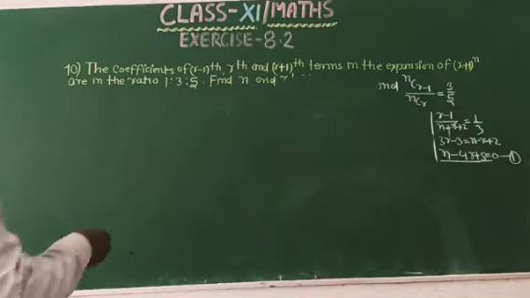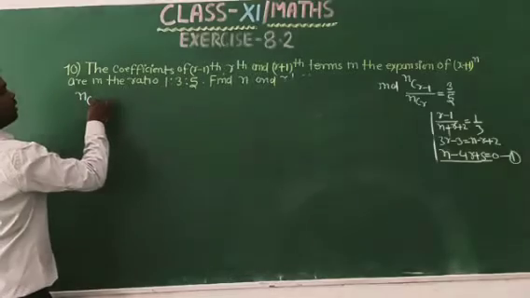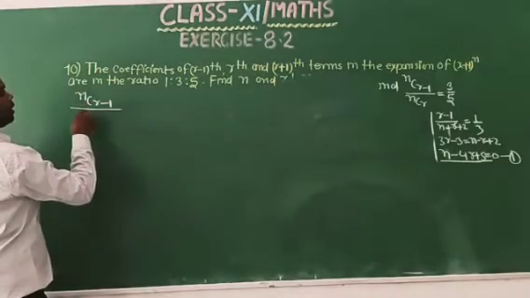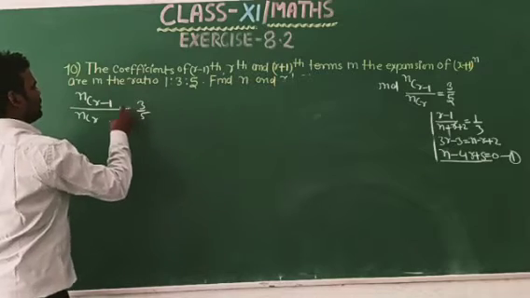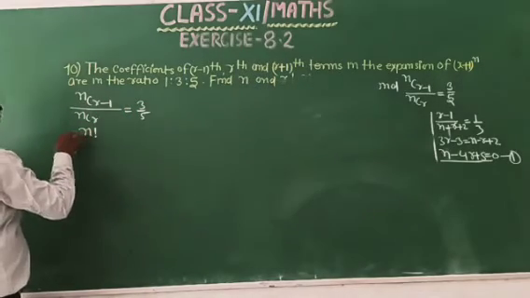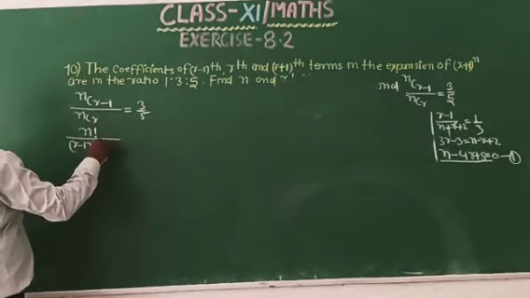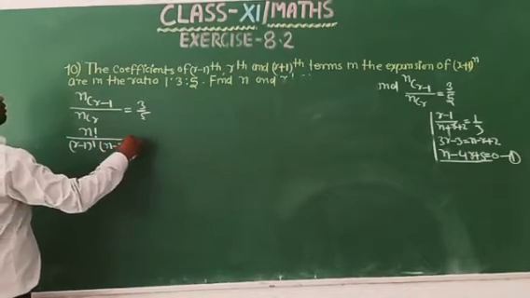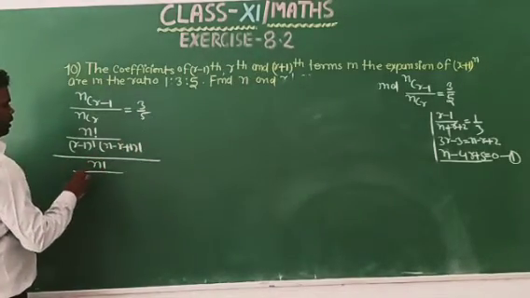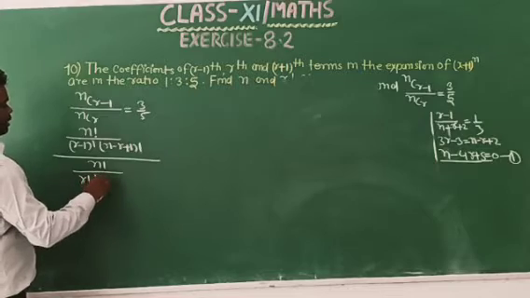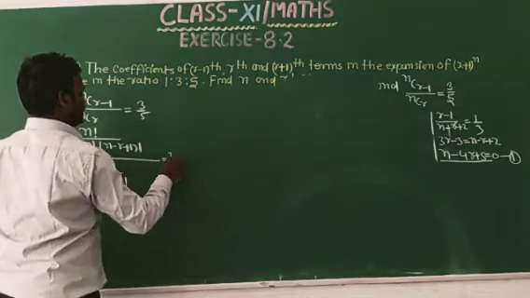And again simplify nC(r minus 1) by nC r, which is equal to 3 by 5. So this is factorial n by (r minus 1) factorial and (n minus r plus 1) factorial, divided by factorial n upon factorial r and (n minus r) factorial, equal to 3 by 5.